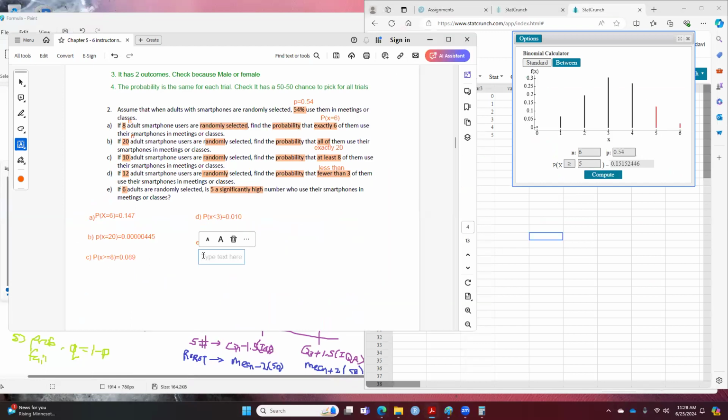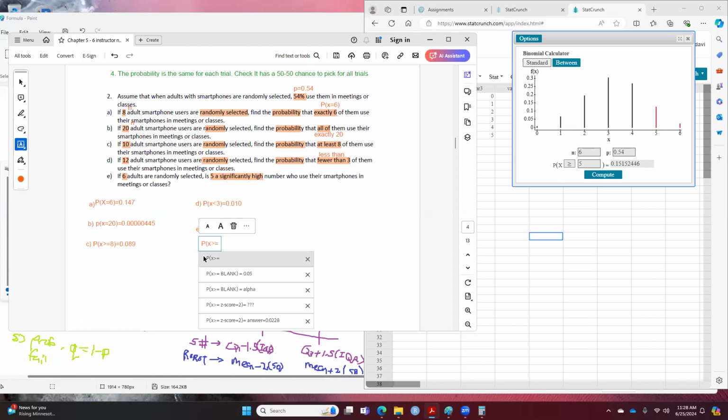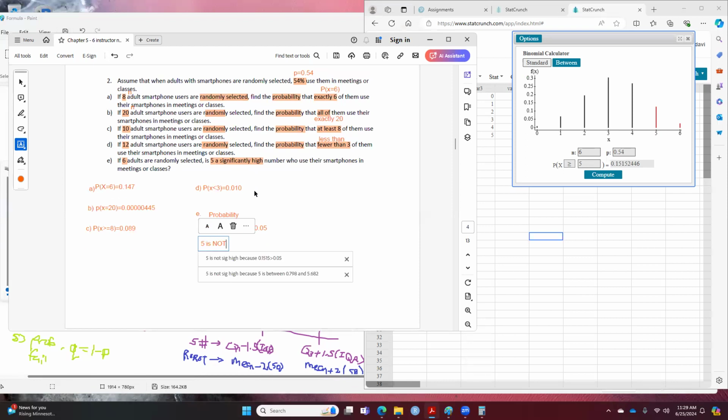So the probability of x greater than or equal to 5, because the question asks us for 5 here, is 0.1515. Unfortunately, this number is more than 5%. Since this number is more than 5%, the answer is no, 5 is not significantly high because the probability is higher than 5%. So this is how we do question E here.